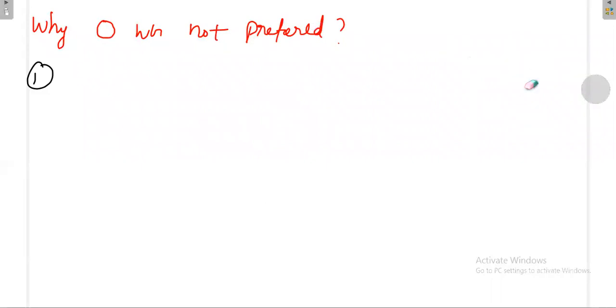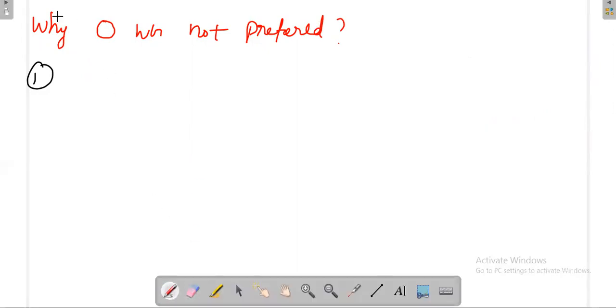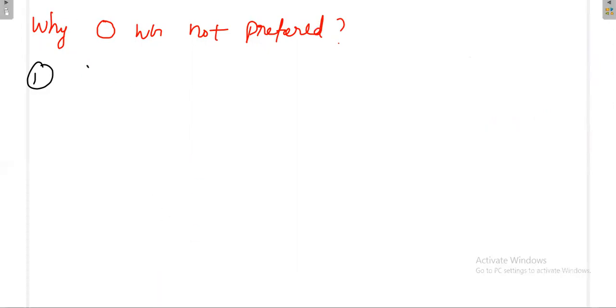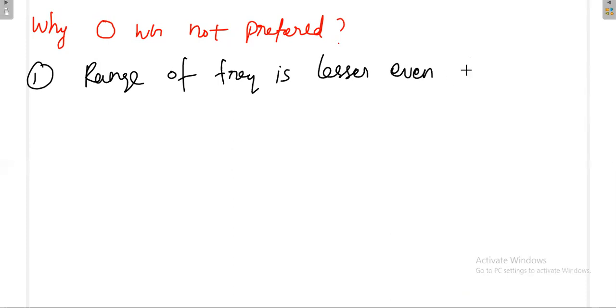The range of frequency is lesser even in the dominant mode, because the dominant mode will always give you the more frequency range. Even if you operate in the dominant mode, the range of frequency is lesser. That's why the statement is like that.